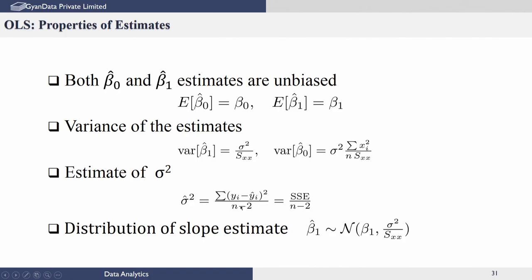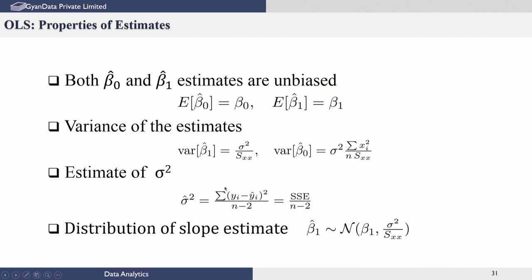Suppose you had only 2 samples, then your numerator would be exactly 0. Because you have more than 2 samples, you have variability, and that variability is caused by the error in the dependent variable. That is one of the reasons that you are dividing by n minus 2, because 2 data points have been used to estimate the parameters beta naught and beta 1.